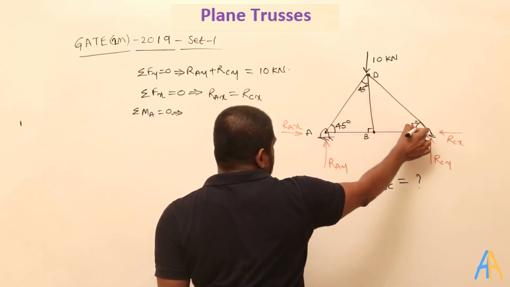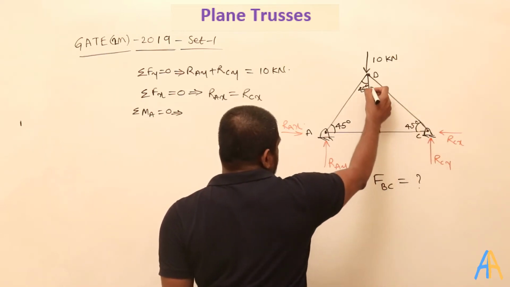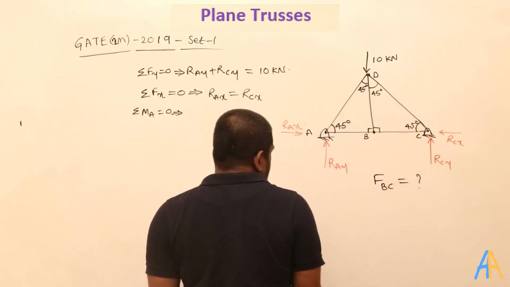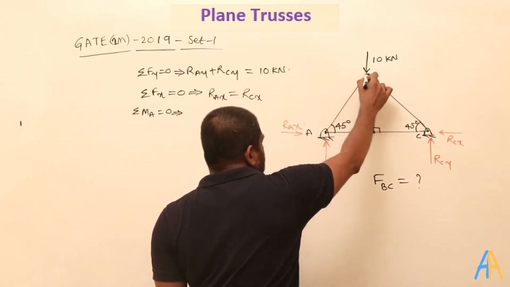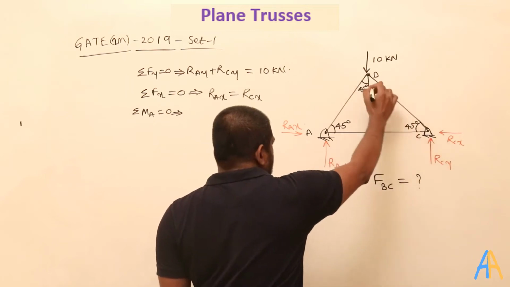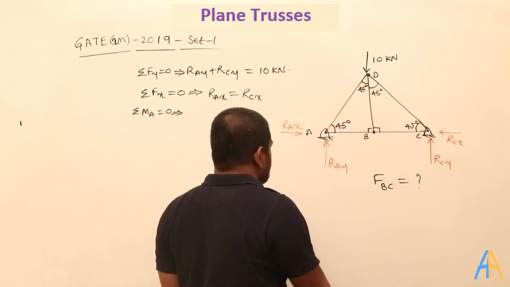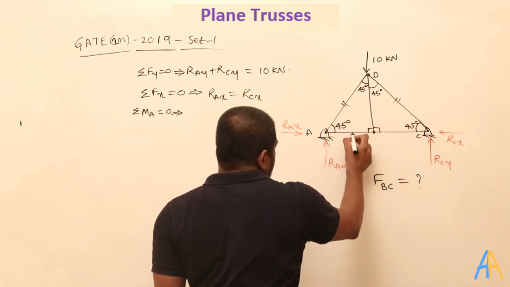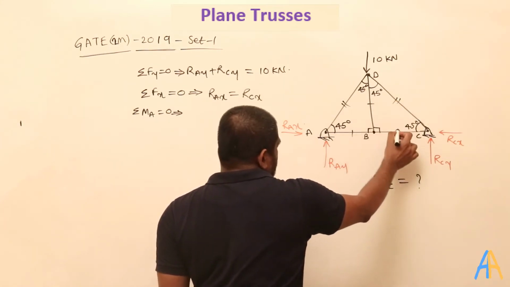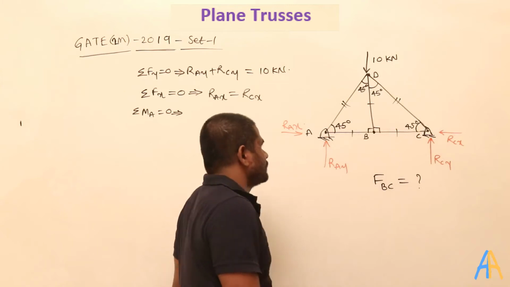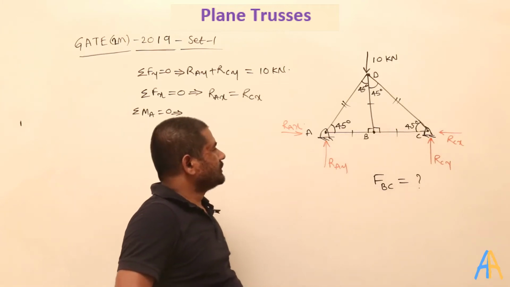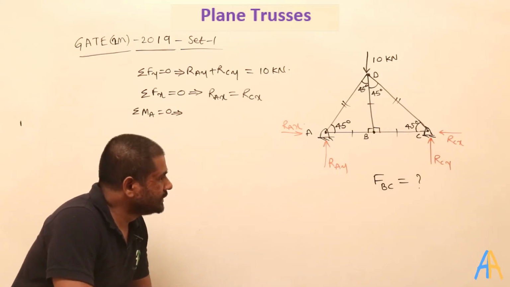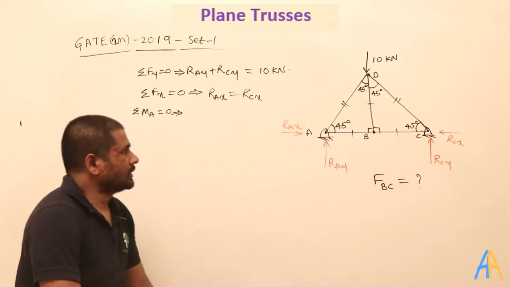And here it is 45, this is 90 degrees, so here it will become again 45 degrees. So this itself is a right angle triangle. So AB equal to BD equal to BC and AD equal to DC.